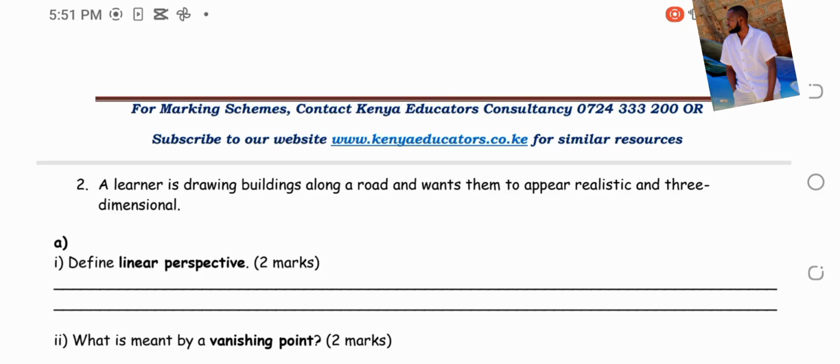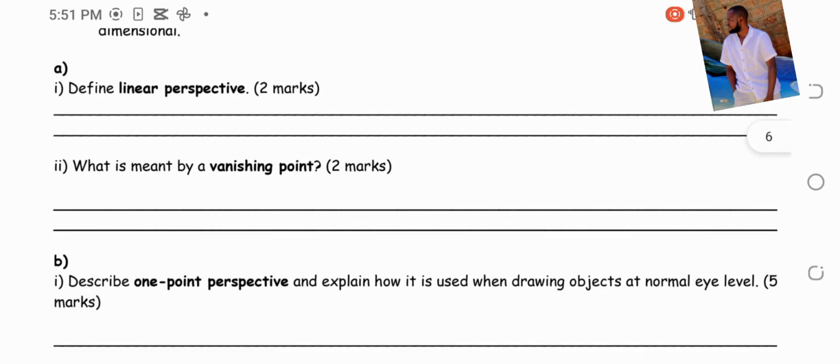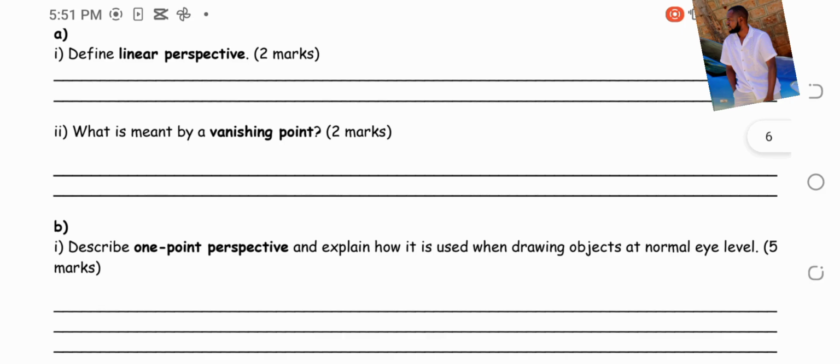Number two says, a learner is drawing buildings along a road and wants them to appear realistic and three-dimensional. A, define linear perspective. What is linear perspective? Linear perspective is a technique used to create illusion of depth using converging lines. Then number B, describe one-point perspective and explain how it's used when drawing objects at normal eye level.